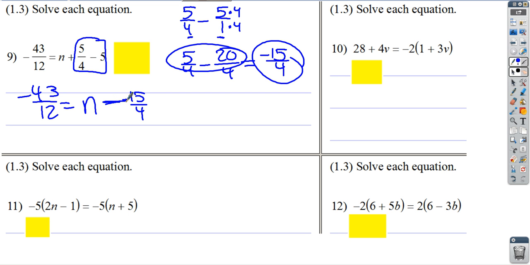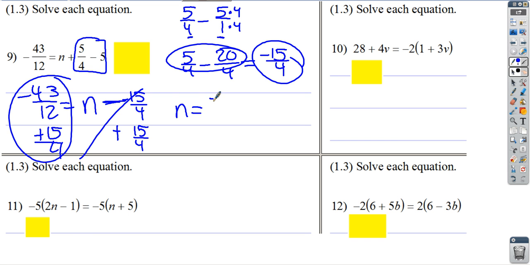See what's being done to n and do the opposite. n is being subtracted right now, so the opposite would be adding 15 over 4 to both sides. And then we have these cancel, and n is going to equal this thing right here. So let's figure out what that is. Negative 43 over 12 plus 15 over 4. Once again, we need a common denominator here, and the common denominator would be 12.